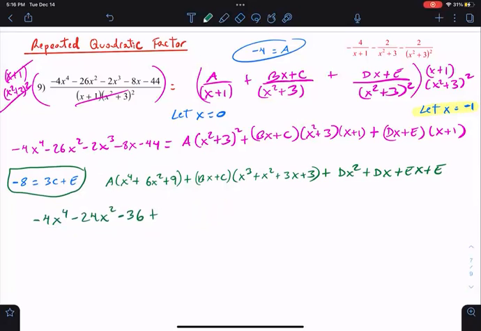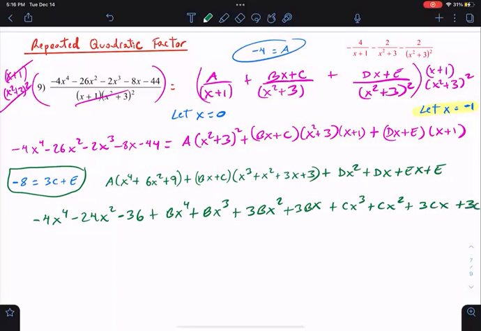So this is going to be bx to the 4 plus bx cubed plus 3bx squared plus 3bx, and I need to do the c this time. So this is cx cubed plus cx squared plus 3cx plus 3c, and then this is going to be dx squared plus dx plus ex plus e.